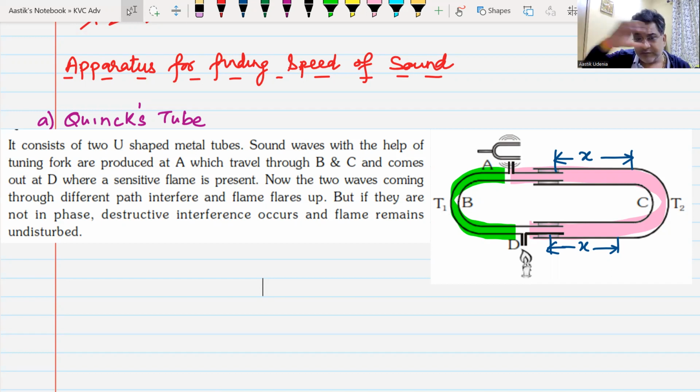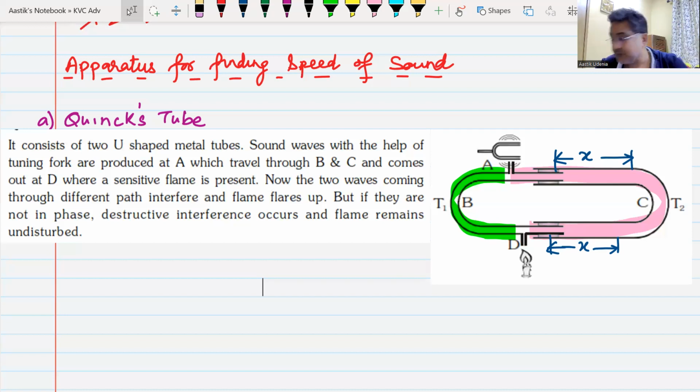Now, by moving this rod by x, you find out the distance between two successive constructive interferences or two successive destructive interferences. For two consecutive constructive interferences, the path difference is lambda, so 2x becomes equal to lambda. For one constructive and one consecutive destructive interference, the path difference is lambda by 2.